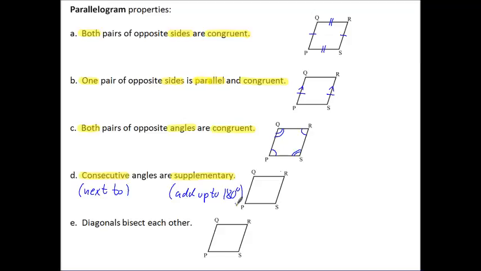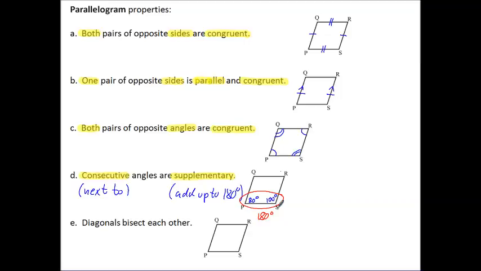So if I just pick some numbers here, let's say for example angle S measures 100 degrees, then that means that angle P has to measure 80 degrees. 100 plus 80 is 180, and then together they measure 180 degrees, and that means they are supplementary.